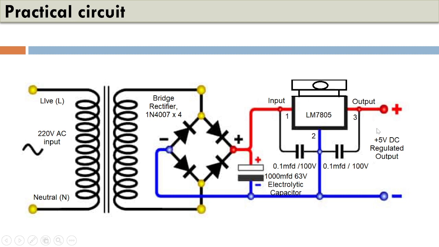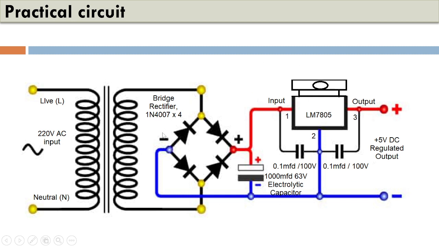Now, if you are saying 1 ampere at the output, your transformer should be capable of delivering 1 ampere or more than that. So these are the design specifications we usually take while designing a power supply. But again, this traditional power supply is providing secondary regulation.